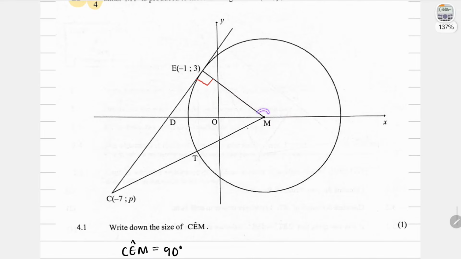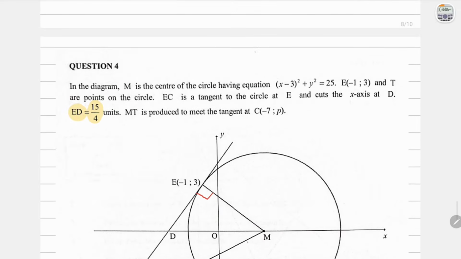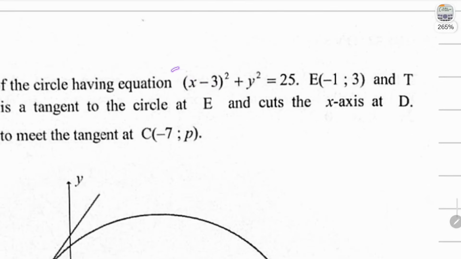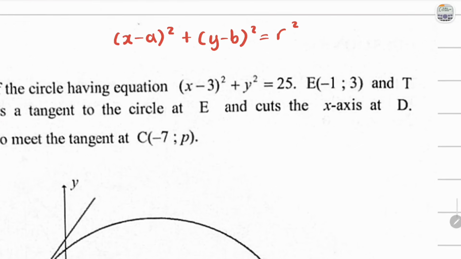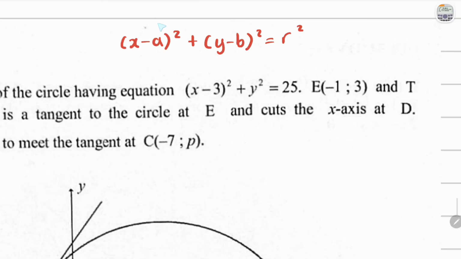So we have to find M first. We already have the equation of the circle, so we can easily find the center. Remember that the equation of the circle looks like this: x minus a all squared plus y minus b all squared is equal to r squared. If a and b are the coordinates of the center of the circle, then we need to see what a and b are here. a is very clear to see.